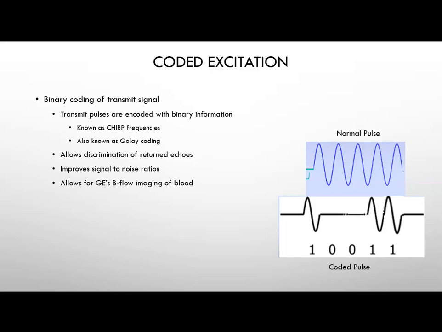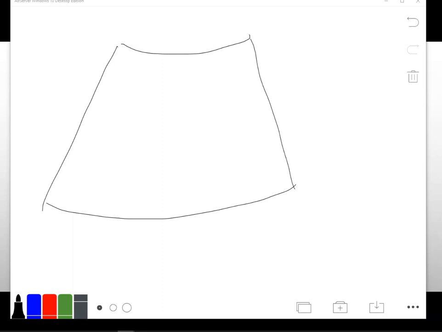Alright, so let me draw a picture and show you how this discrimination of return signals works to improve our signal to noise ratio. Alright, so let's say we're trying to image an area here. Alright, we'll just use a curvilinear array probe, and we're going to send out a pulse along this scan line here.